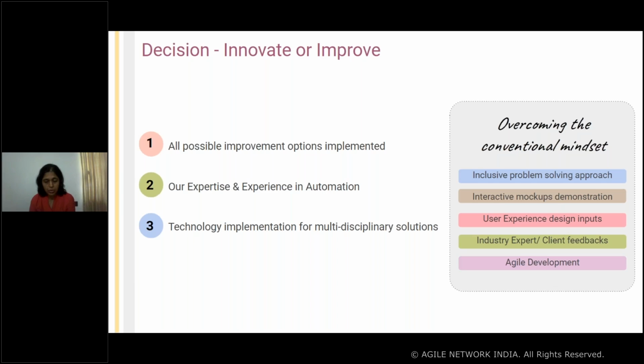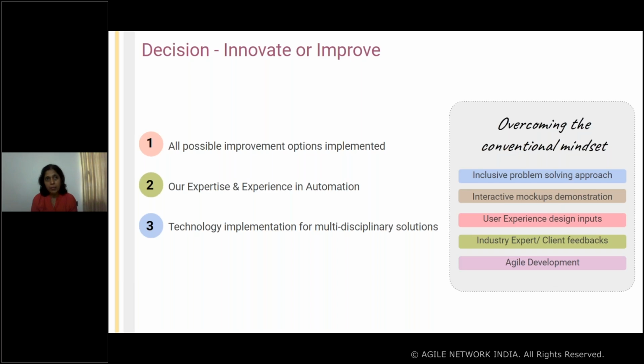And then coming to some of the factors which I feel helped in overcoming the conventional mindset, I have just listed them out here. One is the inclusive problem solving approach. What we made sure of was, as I said, we had our domain experts in-house.